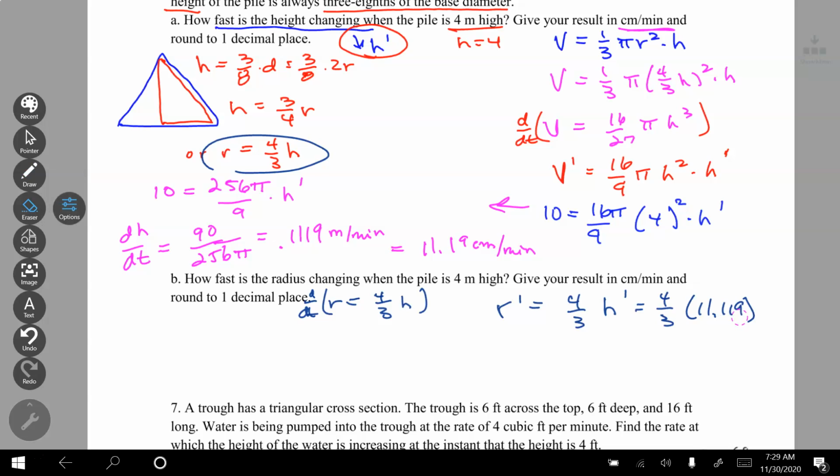That's pretty messy. So my dr over dt, or my r prime, is equal to 4/3 that answer, so I get 14.92 centimeters per minute.